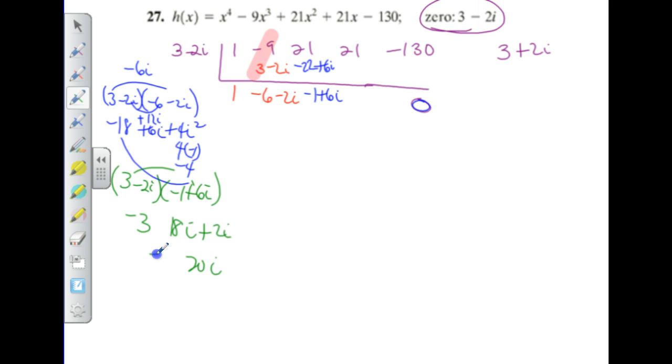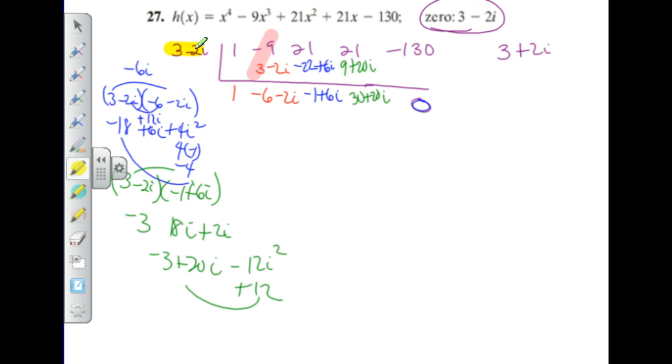And the last is minus 12i squared, which we know is plus 12. I'll combine that with the negative 3 for a total of 9 plus 20i. Now I'm going to add the 21 and 9. Gives me 30 plus 20i, and I'm going to do this one more time.